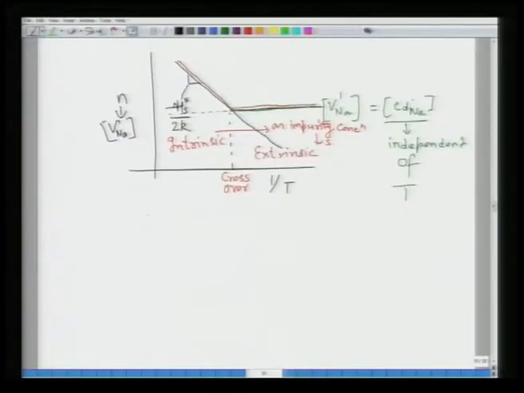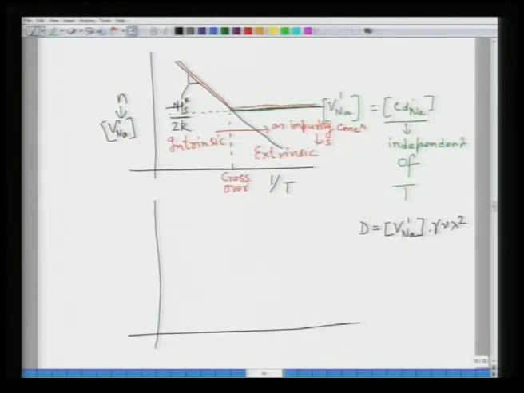So when you plot diffusivity, your intrinsic diffusivity will be like this, because you know that diffusivity is equal to V_Na into gamma nu lambda square exponential of minus delta G star divided by kT.